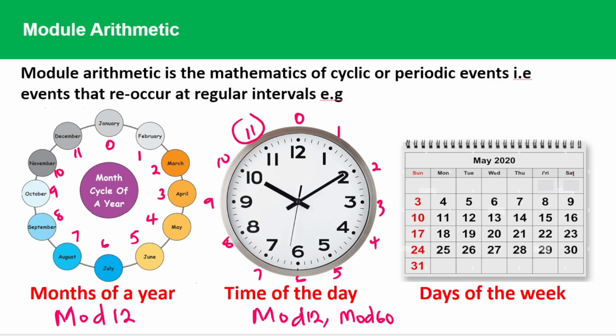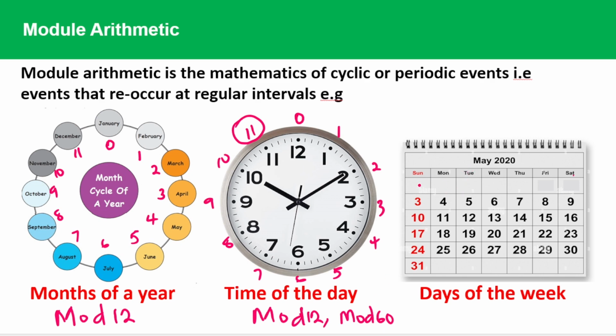Again, the highest number is 11 because the hour hand operates in mod 12. 11 is 1 less than 12. Similarly, for the minute hand, the highest number is 59 minutes, which means that in mod 60, the number is 1 less than the mod.